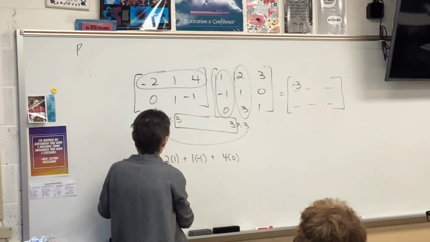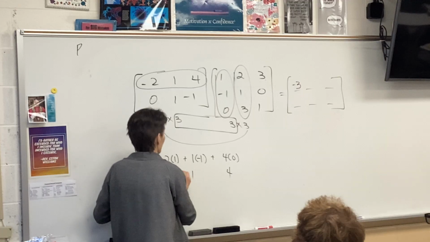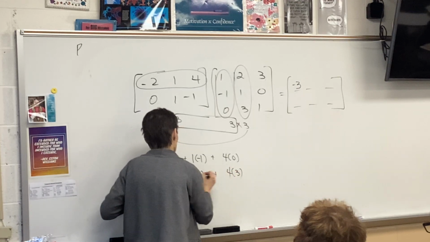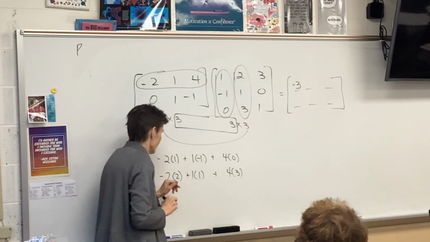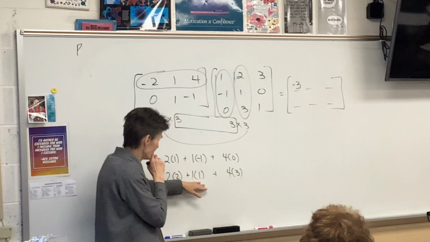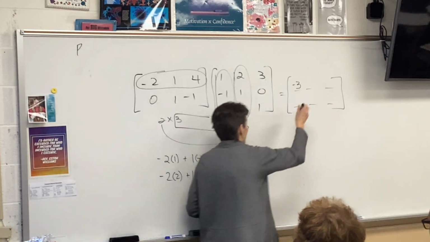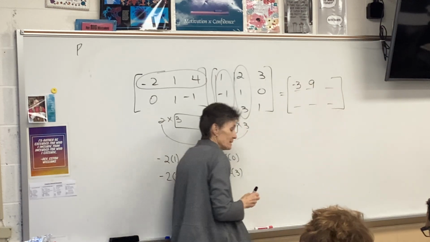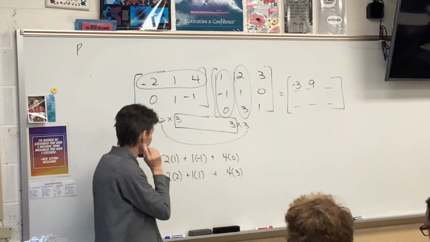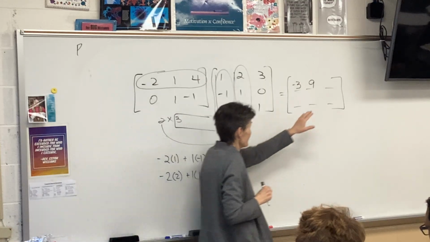So I write down my row 1 again, and I'll match it up with my column 2. -4 and 1 and 12. 9. Lots of arithmetic. You'll have a calculator to help you. You need it.